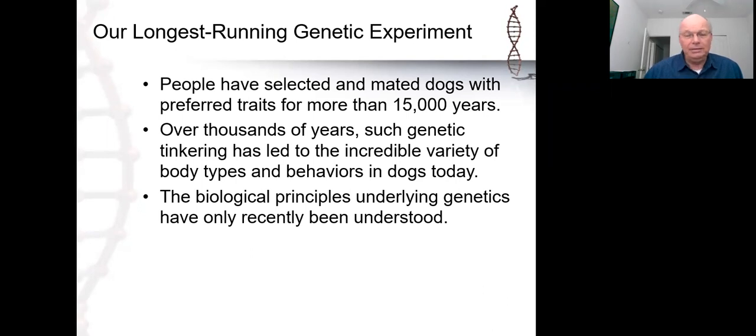And that is likely the history of dogs, that they started out simply as either foxes or wolves. We think that's where they came from, probably wolves. That, for reasons which we don't fully understand, decided that humans were someone to hang out with.